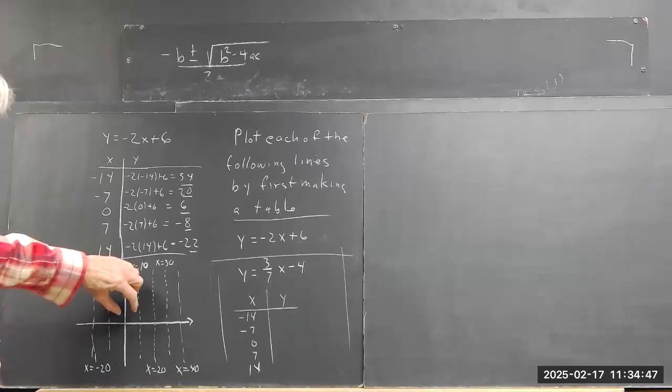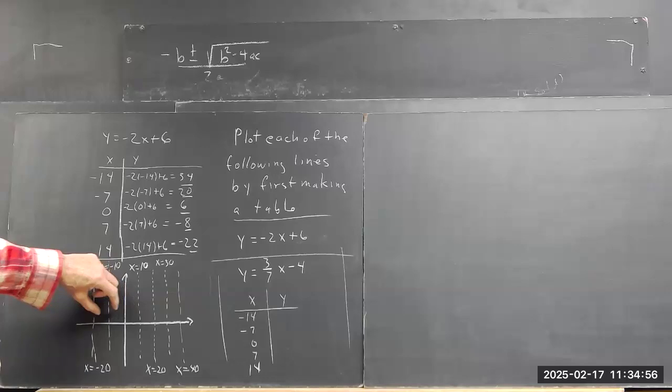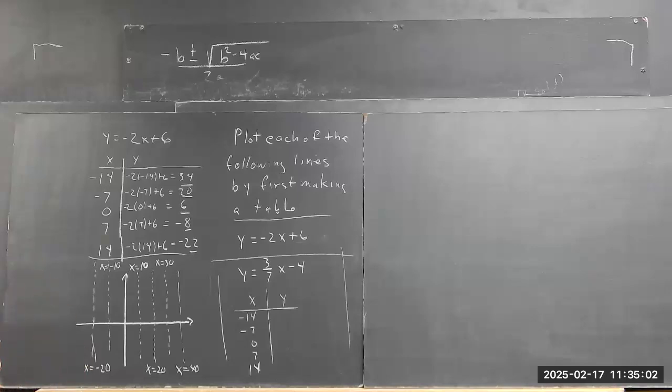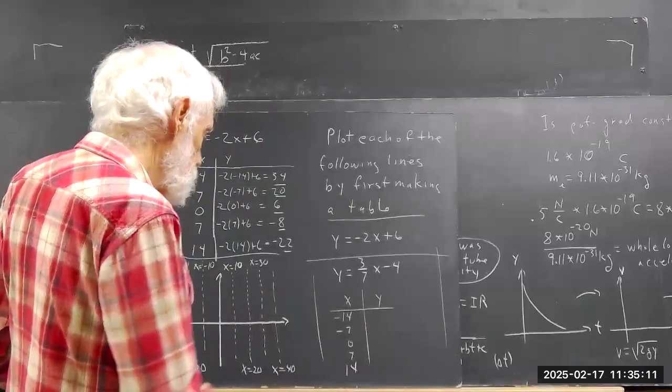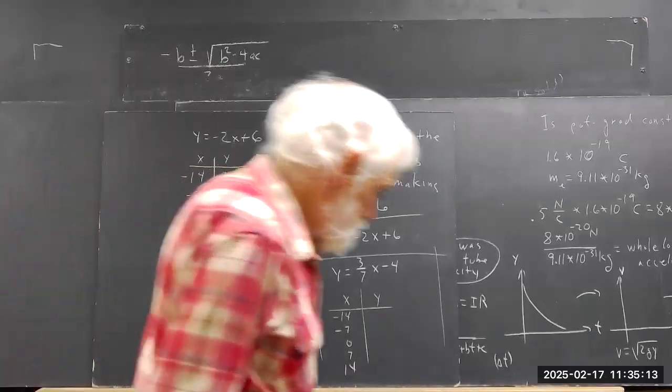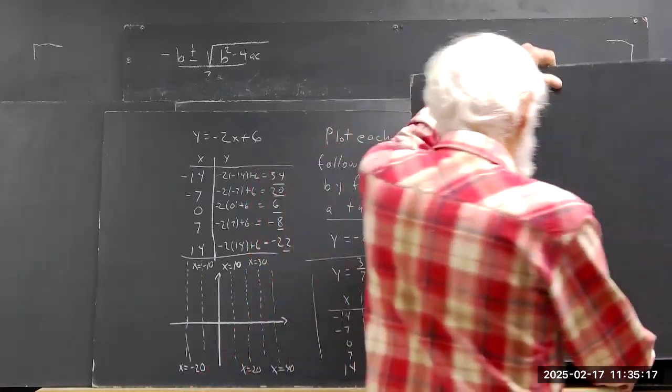Now my intervals, this and this and this and this, ought to be the same width. Okay. You know, I think this one is a little fatter right here than it is here. So we're not going to get a perfect graph. We can't expect to get a perfect graph if we're drawing it by hand. Still, it's important to be able to draw a graph by hand without destroying the surroundings here.